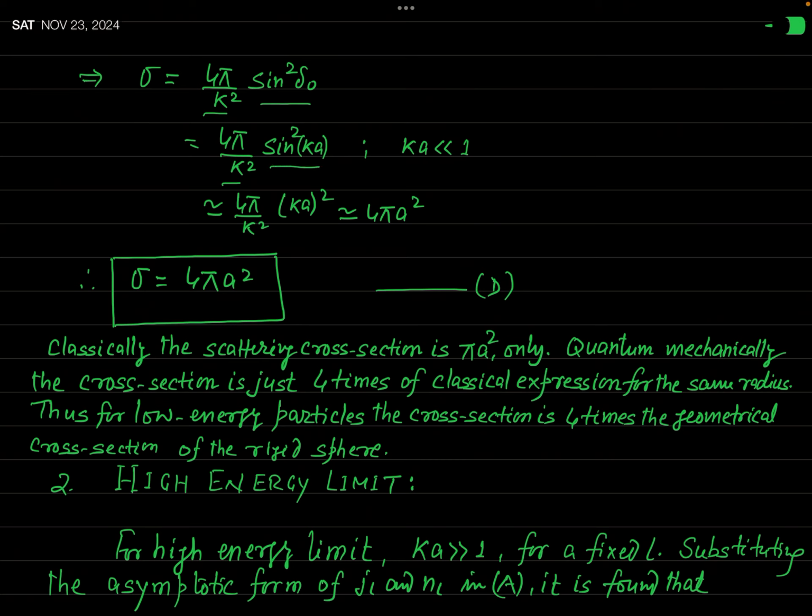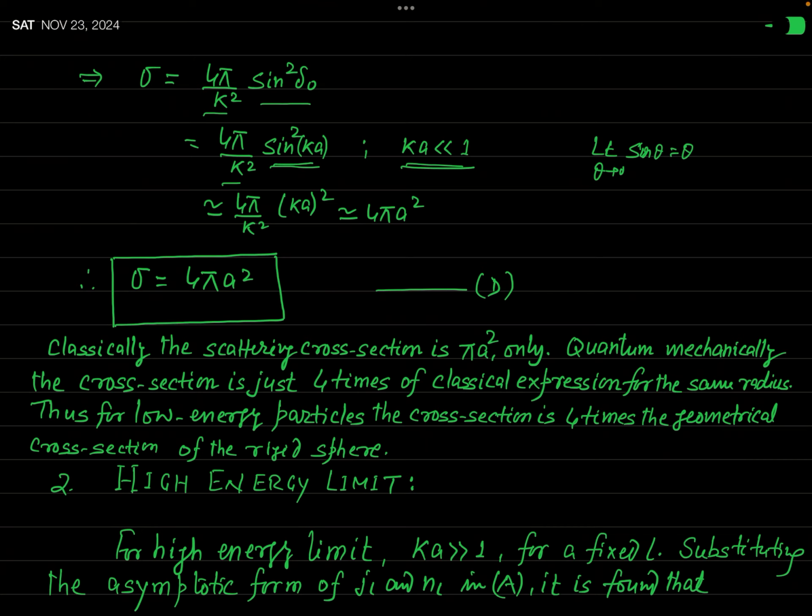But this result holds when Ka is much smaller than 1. Energy is very low. And you know, in the limit theta tends to 0, sine theta is equal to theta. So under this limiting condition, sine Ka will be equal to Ka, and sine square Ka will be equal to Ka whole square.